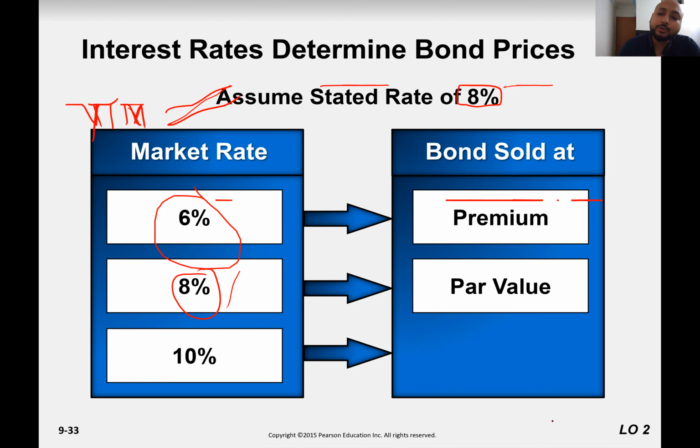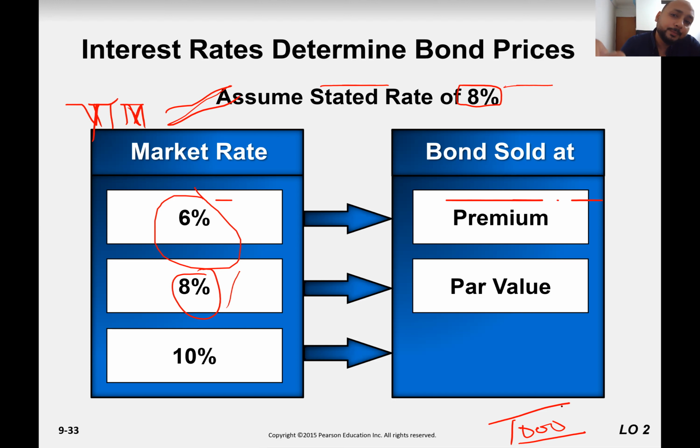So the company will issue the bond at 1,000. Normally, if the question is silent, automatically assume that the face value or maturity value of the bond is 1,000, right?